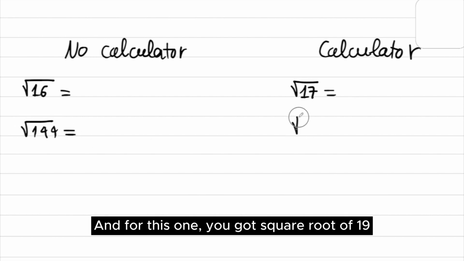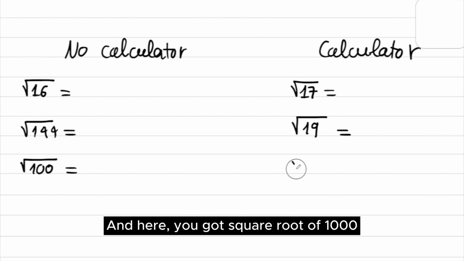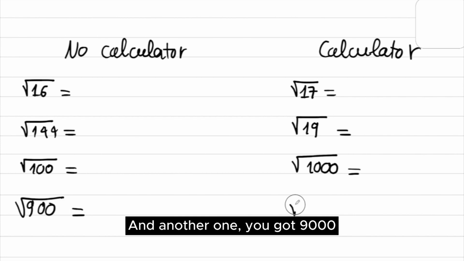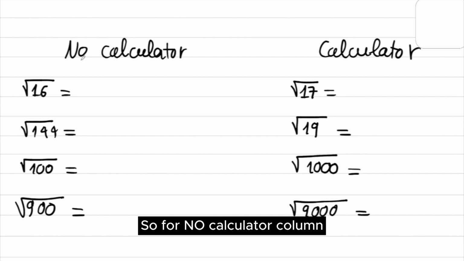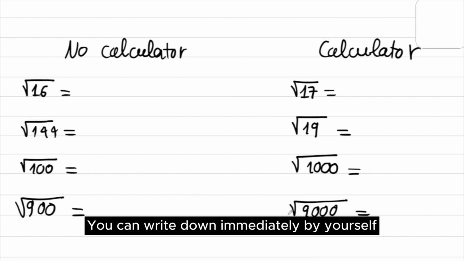Calculate in your mind. And for this one, the square root of 19, the square root of 100, the square root of 1000, then 900, and another one, 9000. For the no calculator column, you can write the answers down immediately by yourself.